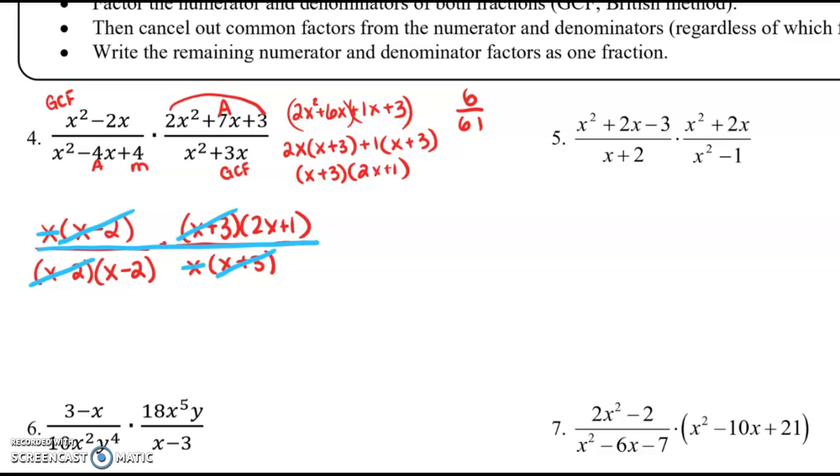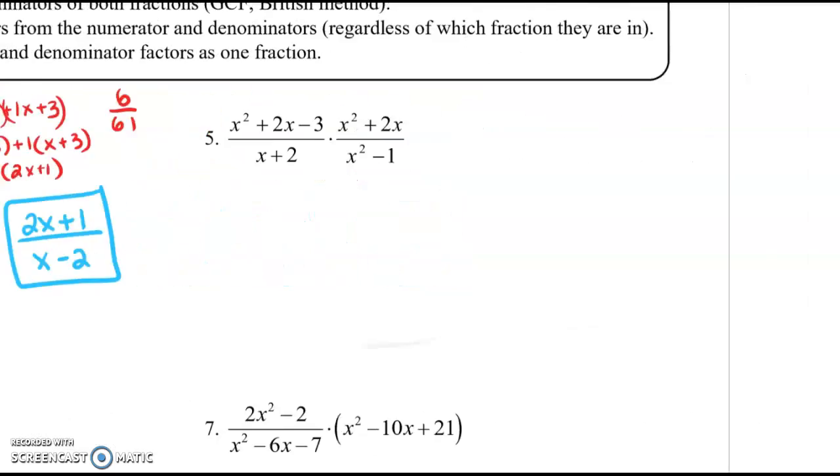X's, I can cancel 1 in the numerator and 1 in the denominator. What you have left over after you cancel everything is your final answer. In the numerator, the only thing I have left over is 2x plus 1. In the denominator, I have just an x minus 2. So that's my final answer: 2x plus 1 in the numerator and x minus 2 in the denominator.